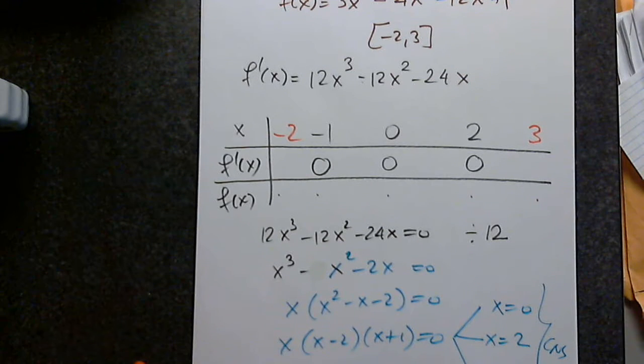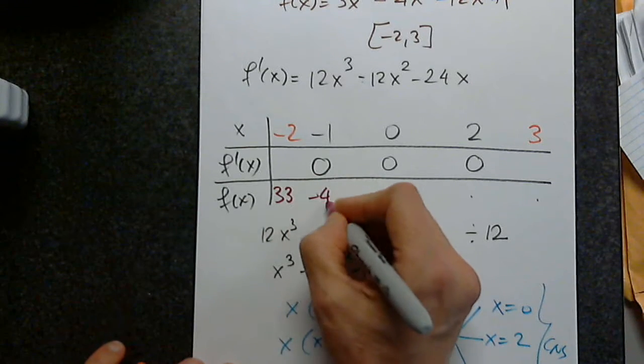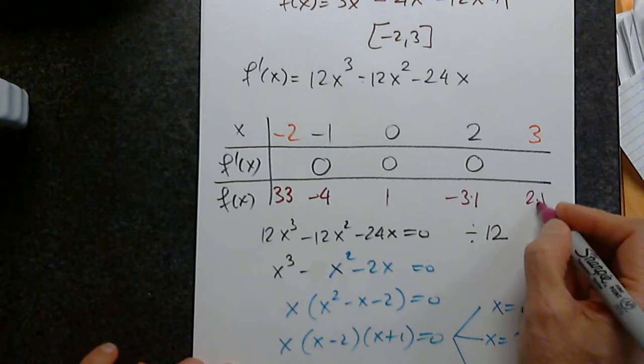So with second and table, I will plug in negative 2, then negative 1, then 0, then 2, and 3. So I have all those values: 33, negative 4, 1, negative 31, and 28.